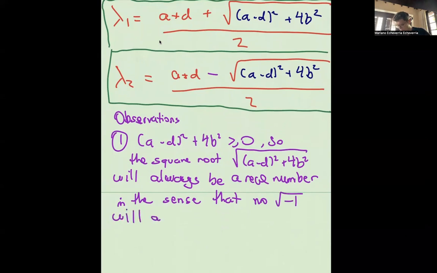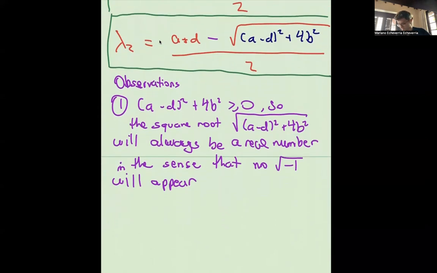I don't know if you worked out one of the problems on the assignment, and I think I've done some examples before as well. Sometimes when you compute eigenvalues, the square root of -1 shows up. I'm just saying that in the symmetric case, that never happens, because when you take the square root here, this is always non-negative. So that's convenient. That's actually useful. So that's the first observation.